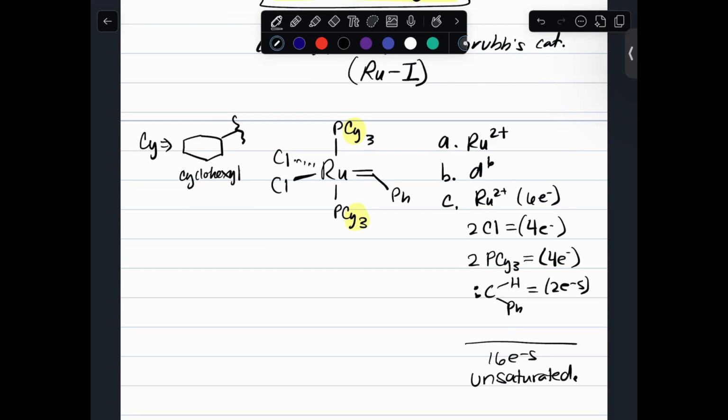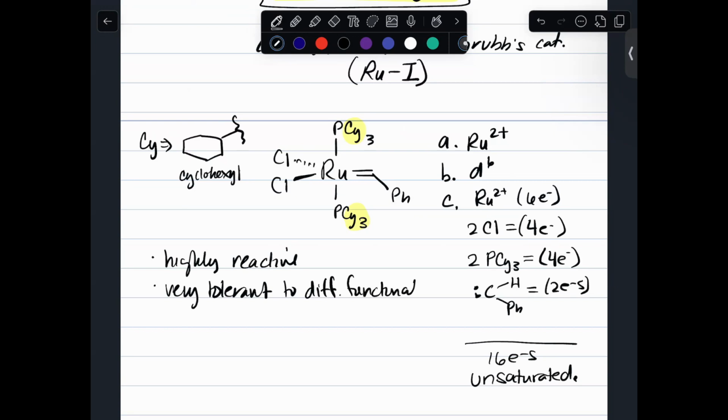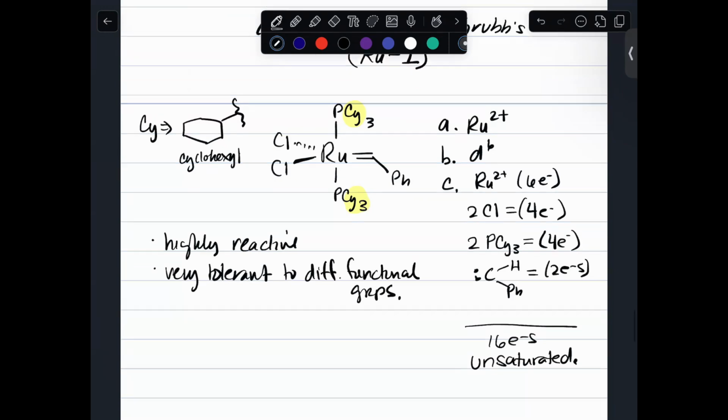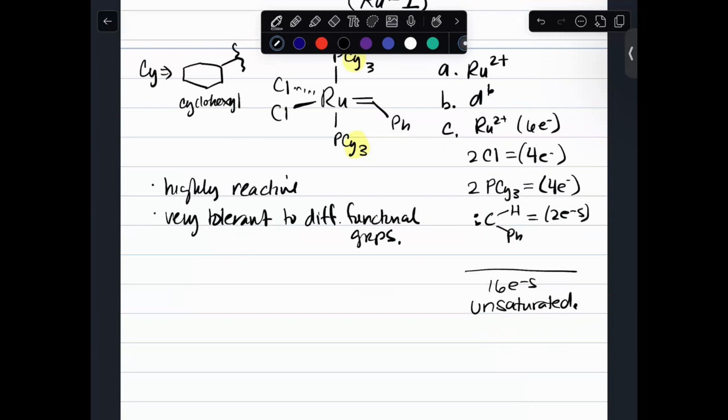Okay. It is also a highly reactive system or catalyst. The beauty of it is that it is very tolerant to a variety of functional groups. It has very little sensitivity to air and moisture.